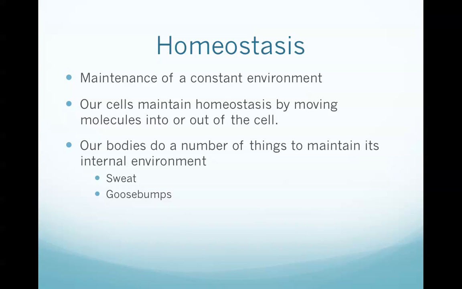So not only do our cells try to maintain a constant environment by using diffusion and osmosis to transport ions in water, so does our body. Our body is usually at a certain temperature, and it tries to maintain that temperature. And an example of our bodies, because we've kind of already talked about the cellular level, it's moving ions and water across the membrane to maintain its environment at a larger level.